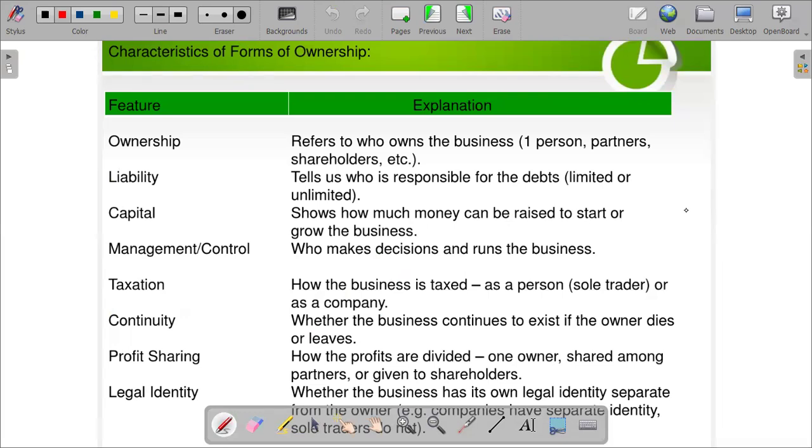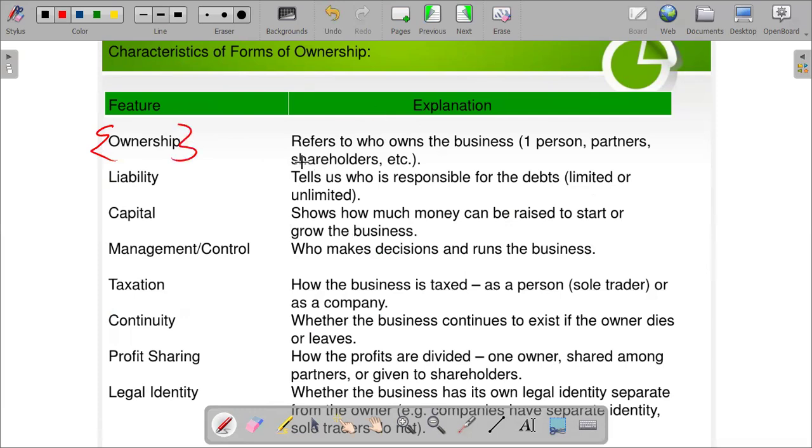So after we defined entrepreneurship, we went on to discuss the forms of ownership. I'm sure you remember we discussed the forms of ownership in broadness, right? So now here we're just going to look at the characteristics of what a single type of ownership might include. So the first thing it might include is the ownership.